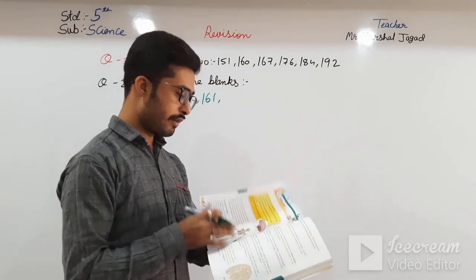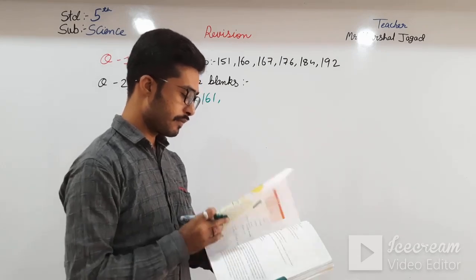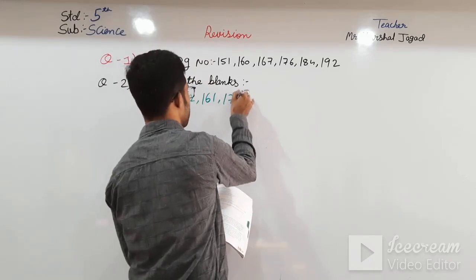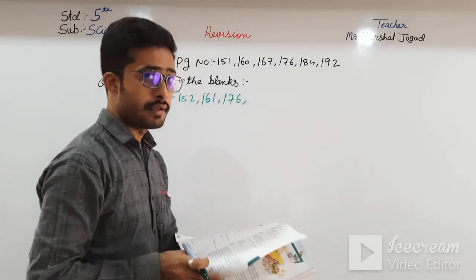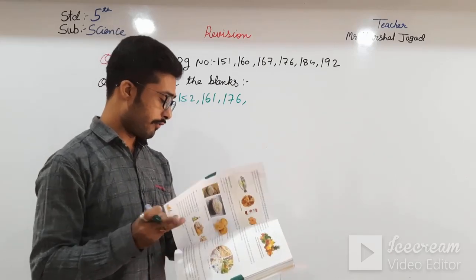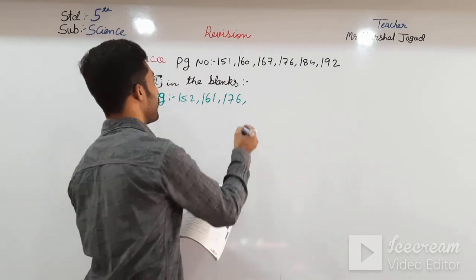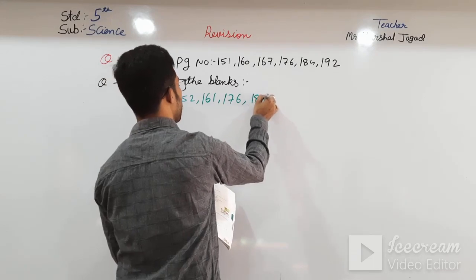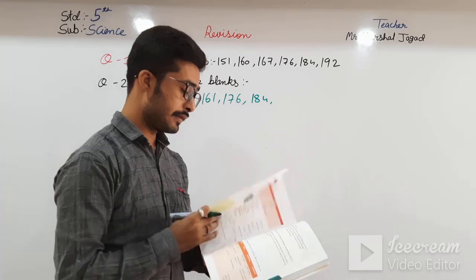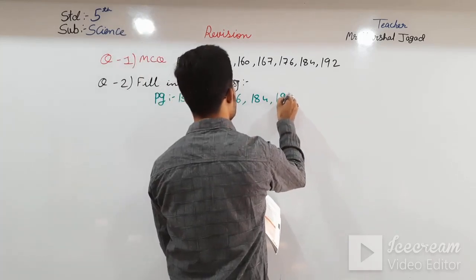Moving forward, chapter number 4 is at 176. Next, chapter number 5 is at 184. Chapter number 6, that is diseases, is at 192.